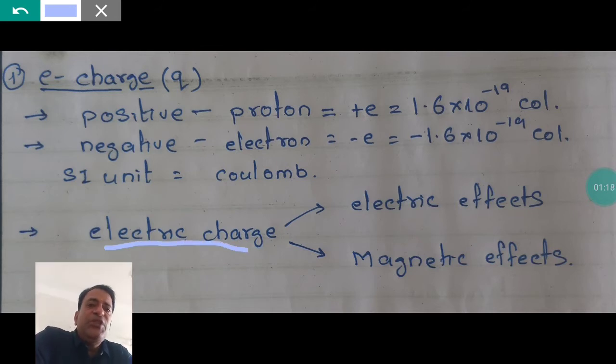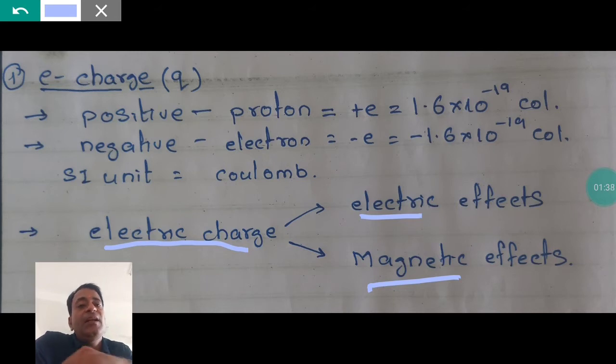If charge vanishes from this world, you will not be able to observe two things: one is the electric effects and the other is the magnetic effects. Yes, you heard it right. If electric charge were to vanish from this world, there would be no phenomenon of magnetism also.